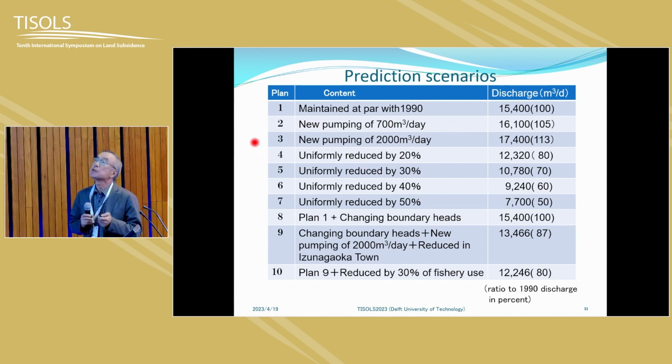And plan 3, a new pumping of 2,000 cubic meters per day. And plans 4 to 7 are uniformly reduced by 20%, 30%, 40%, 50%, respectively. And plans 8 to 10 are discussed later.